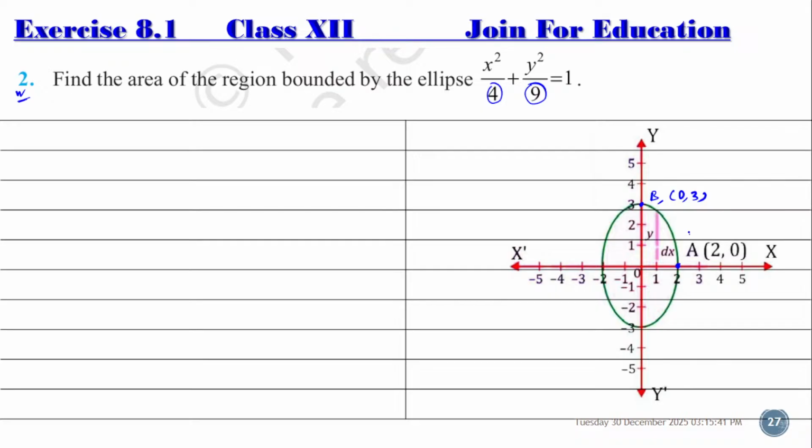So the coordinate of A equal to 2, 0. And suppose this is C, coordinate of C will be minus 2, 0. And suppose this is D, coordinate of D equal to 0, minus 3.